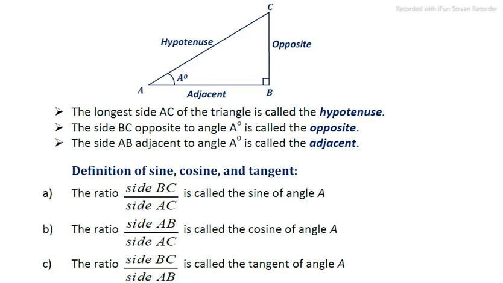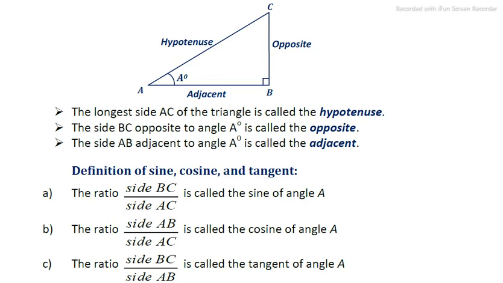Then the tangent of angle A is given by the ratio of BC, that is the opposite, over AB, the adjacent. Simply meaning that tan of angle A is equal to opposite over adjacent.